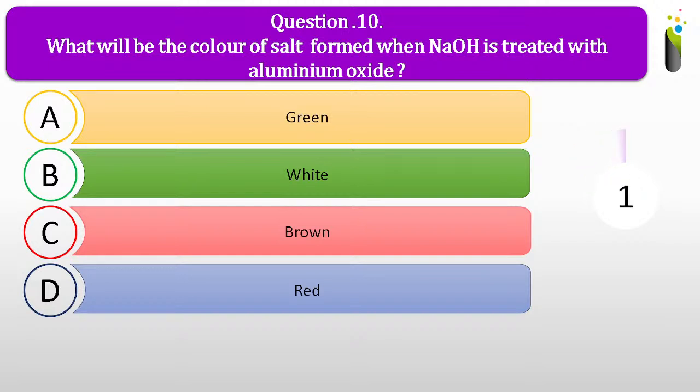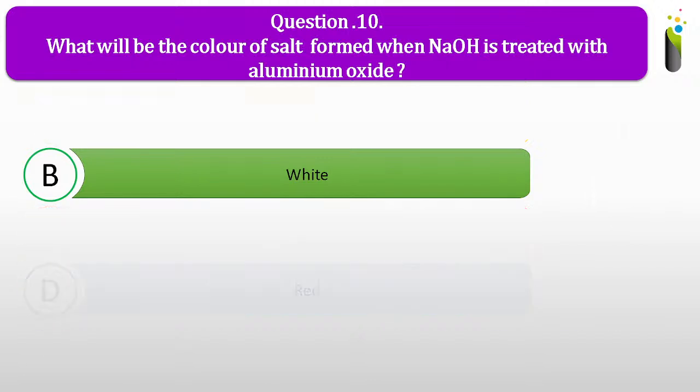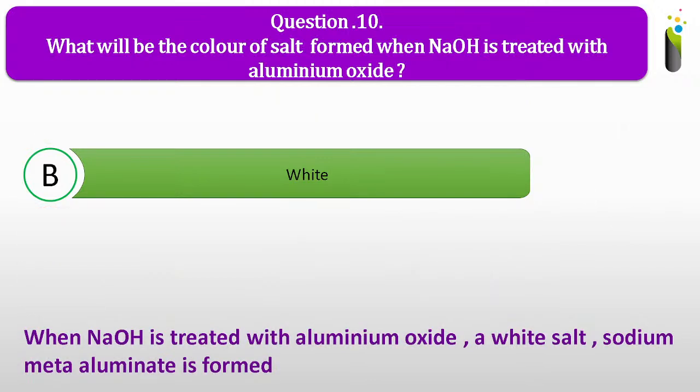The correct answer for question number 10 should be white. When NaOH is treated with aluminium oxide, a white salt, sodium meta-aluminate, is formed.